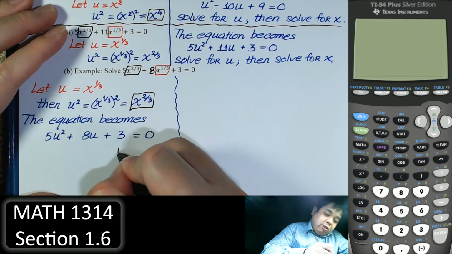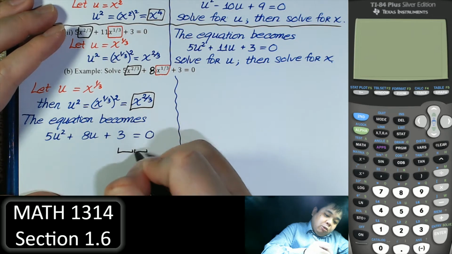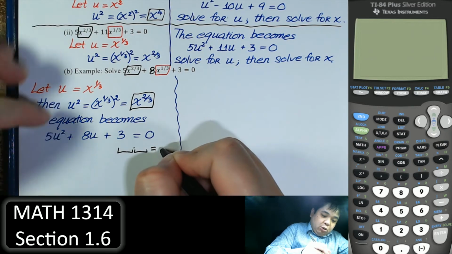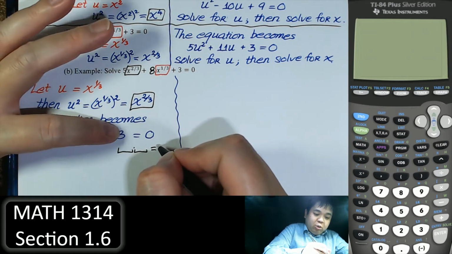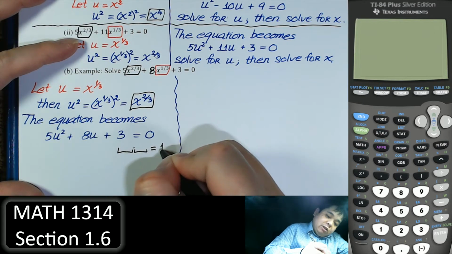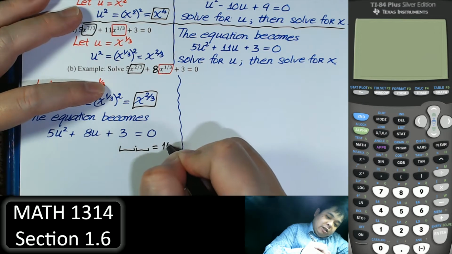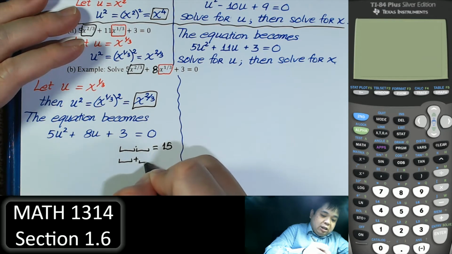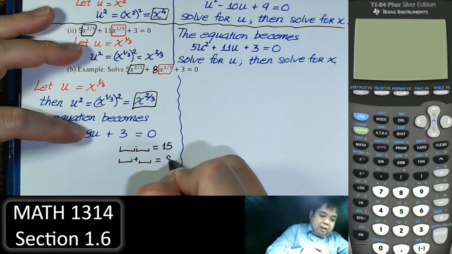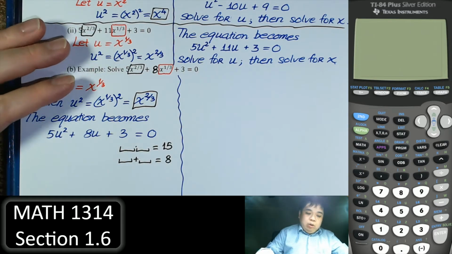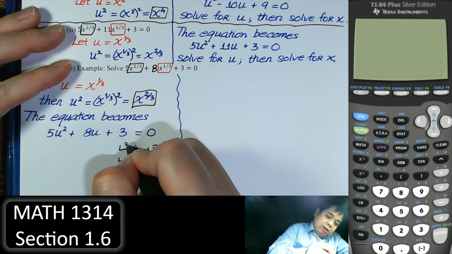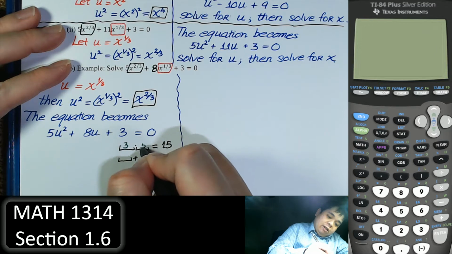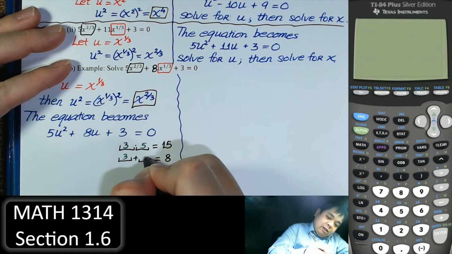So try to find two numbers that multiply together to equal the first times the last. 5 times 3 would be 15. So first times the last gives us the product of the two numbers, and they should add up to 8. From here we see that it should be 3 and 5 because they add up to 8.